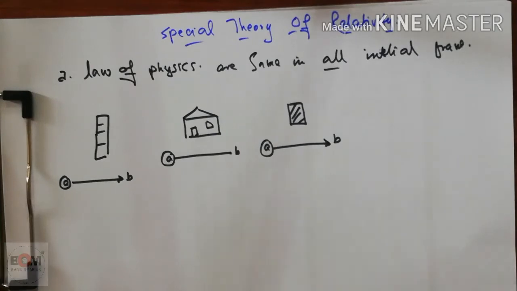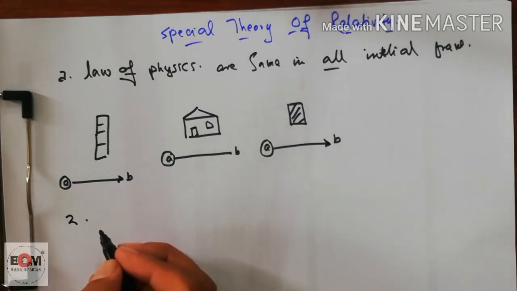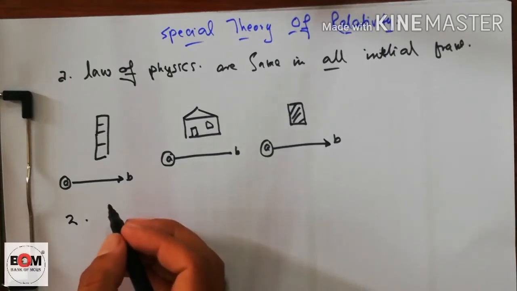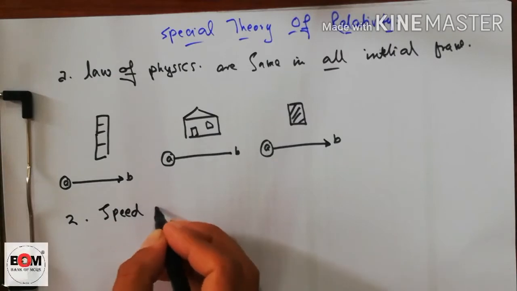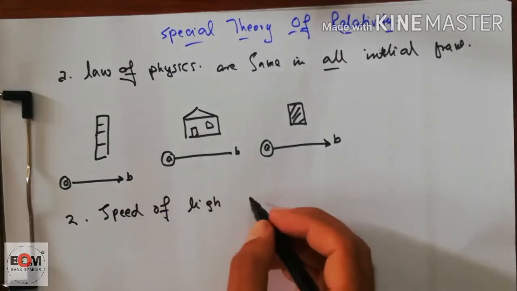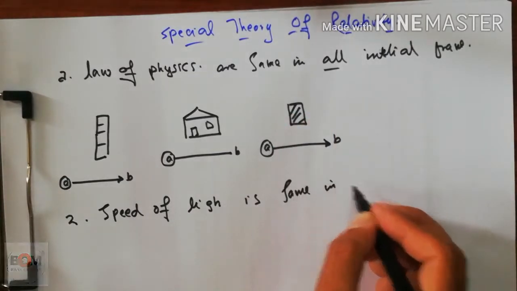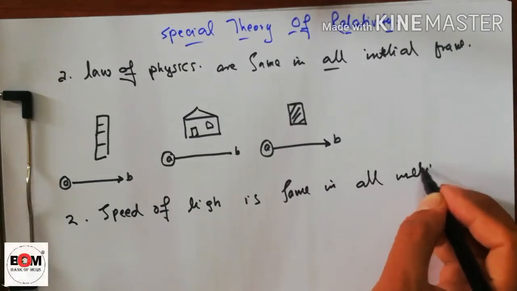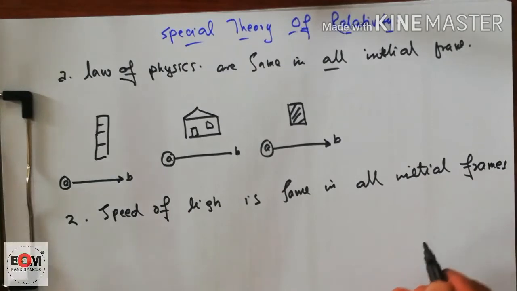The second is the speed of light in vacuum is the same in all inertial frames regardless of the motion of the source or the observer. Speed of light is the same in all inertial frames, like laws of physics are the same in all inertial frames, regardless of the motion of source or observer.